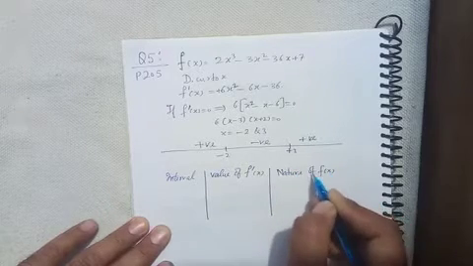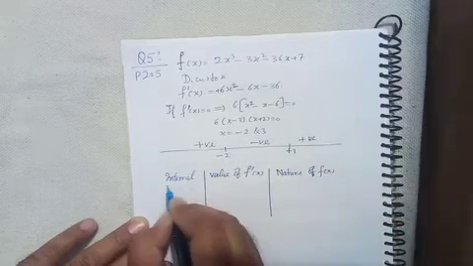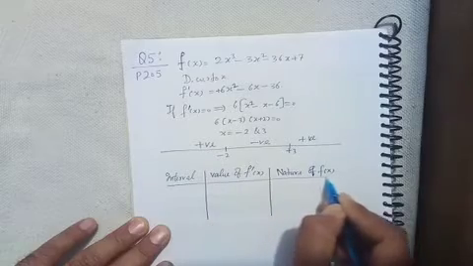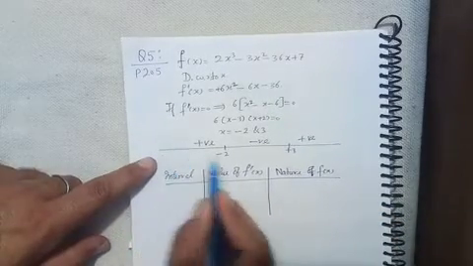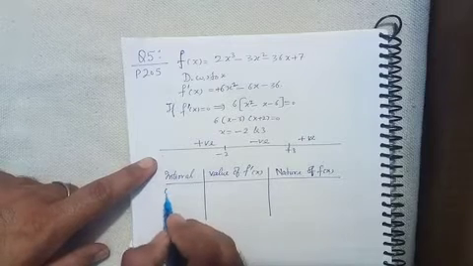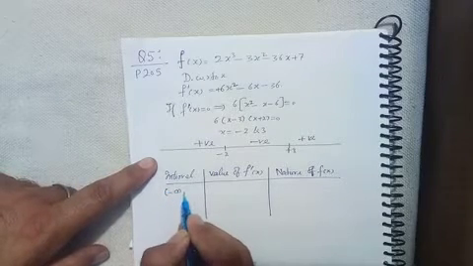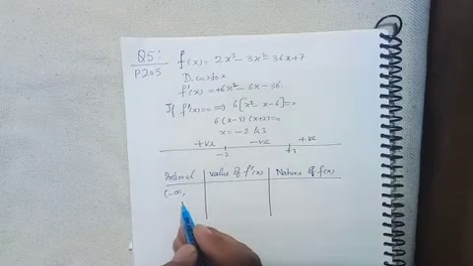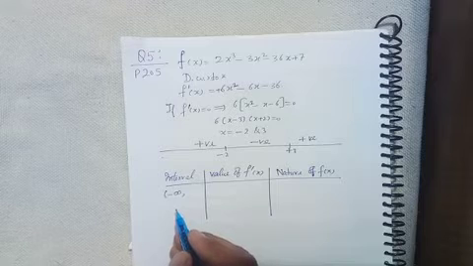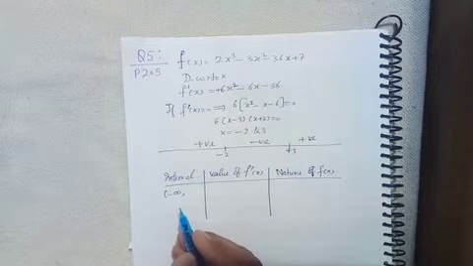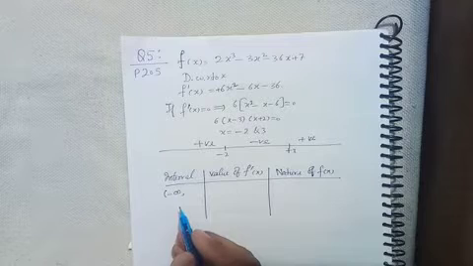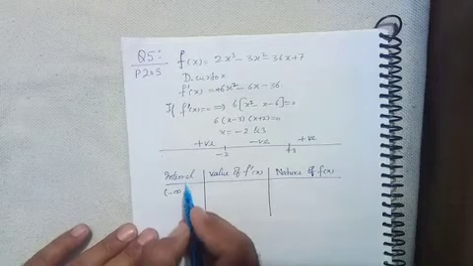Every time we will prepare this kind of table in case of polynomial functions. First interval from minus infinity to minus 2, and it is asking about increasing and decreasing functions. It is not asking about strict functions, so we will take closed intervals.